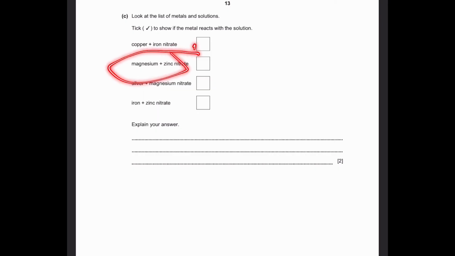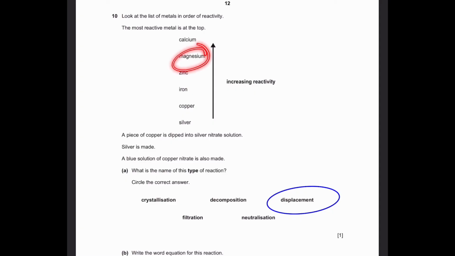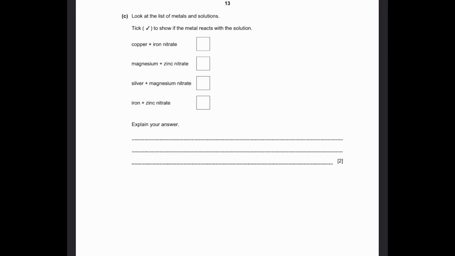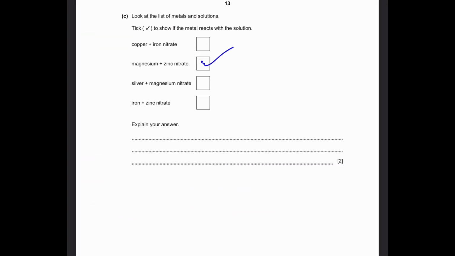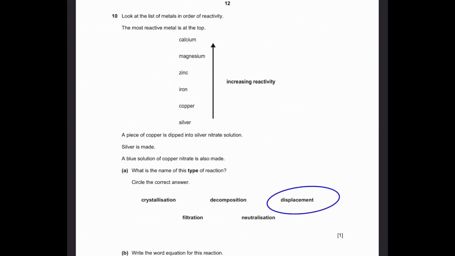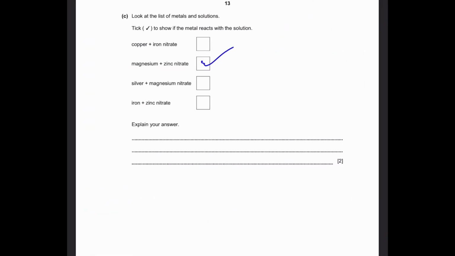Magnesium plus zinc nitrate. Magnesium has a higher reactivity than zinc, as we can see here. Therefore, we tick this. Silver plus magnesium nitrate. Silver has an extremely low reactivity, as we can see it's the lowest, and magnesium is way above it, so we don't tick that. Iron plus zinc nitrate. If we see, iron has a lower reactivity than zinc, so it cannot displace it.